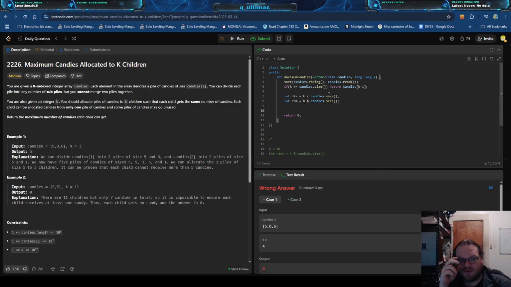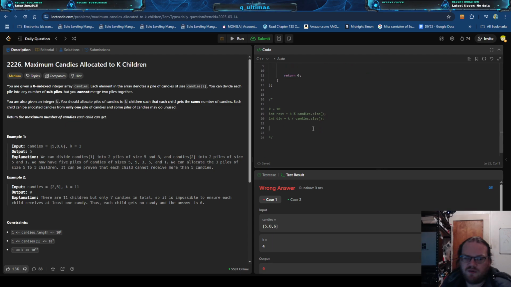So basically we want to, so if we have 2, 5, 8, or 2, I'm sorry, 8, 6, our remainder for 3 would be 1, and our div would be 3. So we're dividing all the values by 3.